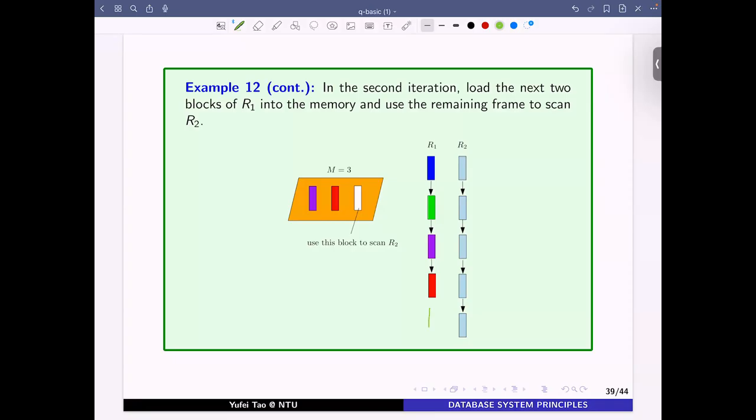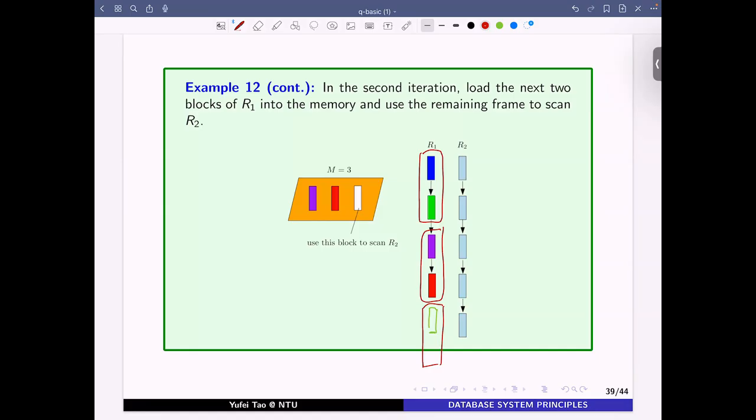However, if I have one more block here, then you can see the first iteration processes these two blocks of R1. The next iteration processes these two blocks. So you will need 3 iterations, right? So the last iteration will read only one block of R1 into the main memory. So in that case, how many iterations would there be?